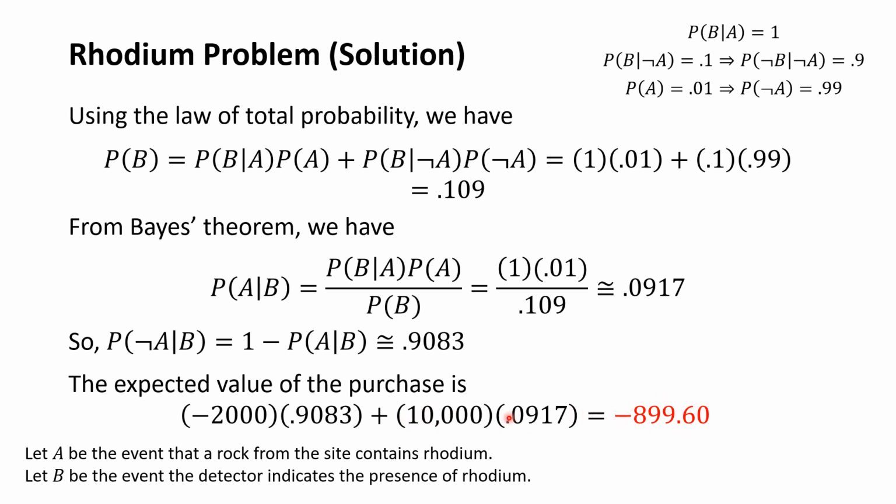I mean, you may not show them the calculations, but you might say, I'll give you $1,000 for that, and that would offset the negative here. Maybe you would only give them $750. So you have to lower this purchase price in order to get this to become positive, and in order to make the deal make sense over time, where you would buy the rock from this prospector over and over again.